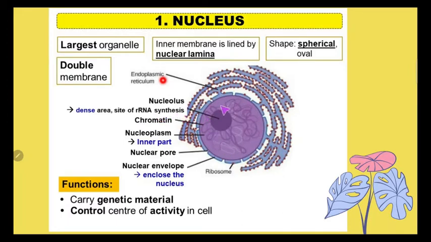Inside the nucleoplasm, the inner part of the nucleus, there is chromatin, the thread-like chromosome. There is also nuclear pore and the nuclear envelope that encloses the nucleus. The functions of the nucleus, of course, are to carry genetic material and to be the control center of activity in the cell.